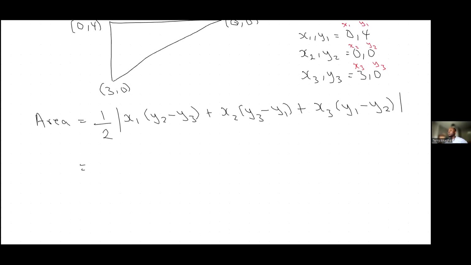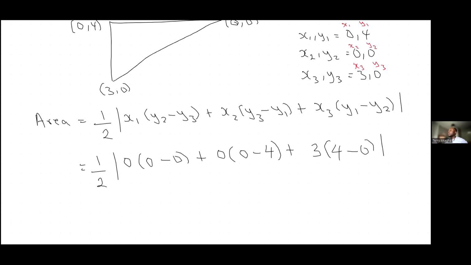So we're going to have 1/2, x1 is 0, times (y2 which is 0, minus y3 which is 0), plus x2 is 0, into bracket, y3 is 0, minus y1 is 4, plus x3 is, I think I made a mistake there, x3 was 3, not 0, plus 3, into bracket, y1 is 4, minus the y2 which is 0.